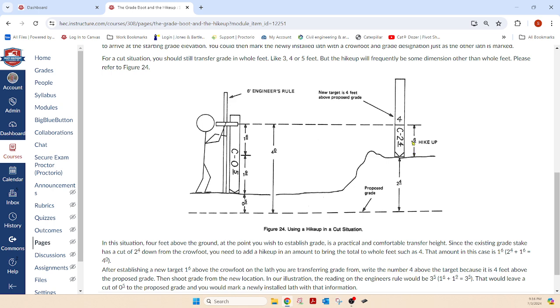So I measure up 1 6/10, draw the line, put 4 on it, and voila. So just look at this. If we don't believe me, let's take the 2.4 plus the 1.6. What is 2.4 plus 1.6? It equals, guess what? 4. That proves that I'm in the right place.